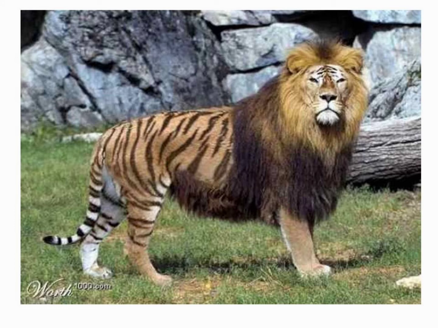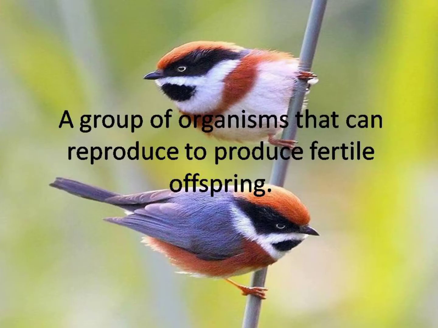If we were to mate two of these, they would not be able to produce offspring. Therefore, we can simply define species as a group of organisms that can reproduce to produce fertile offspring. And by that, we mean offspring that can themselves produce more offspring.